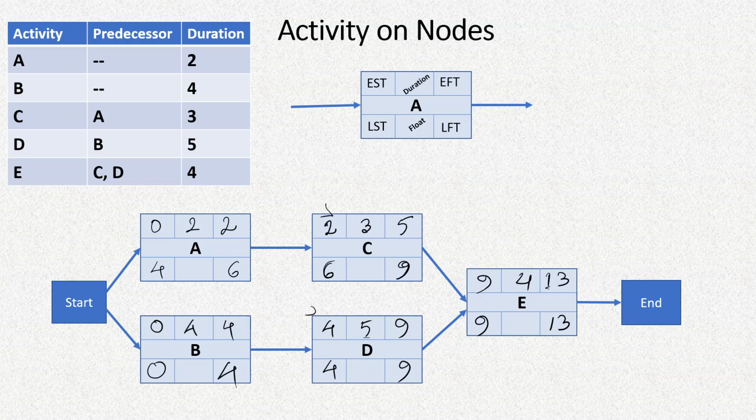Now what is float? It is latest start time minus earliest start time. That means the duration by which it can be delayed is the same as latest finish time minus earliest finish time.